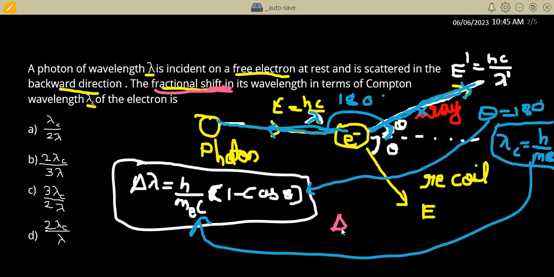So the fractional lambda shift is equal to 2 times the Compton's wavelength by lambda. So option D is the correct answer for this question: 2 lambda c by lambda. Thank you.